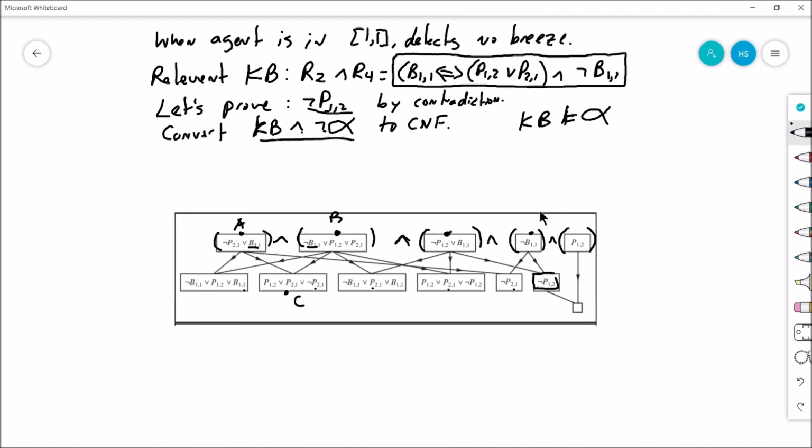Okay. Now eventually we get to a point where we can pair off not P12 and P12, right? So when you pair them off, okay, these can eliminate each other because of the unit resolution rule.